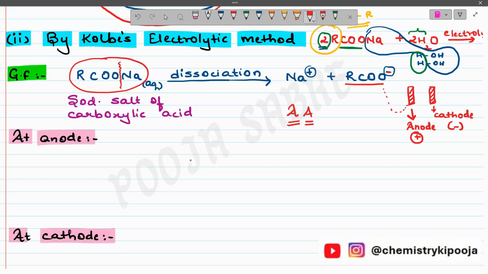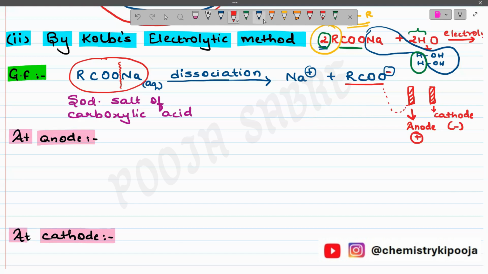And how to remember what anions are? Anions are negative ions. So negative ions are anions, and anions are going towards the anode. Clear? And then definitely the positive species will be going towards the cathode.